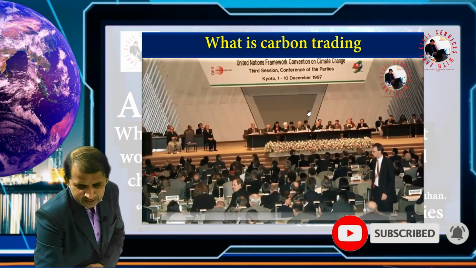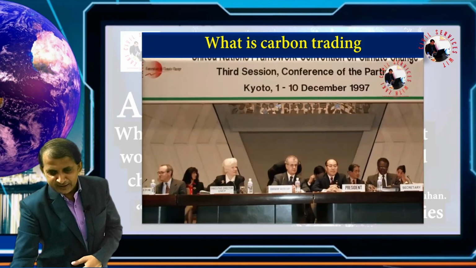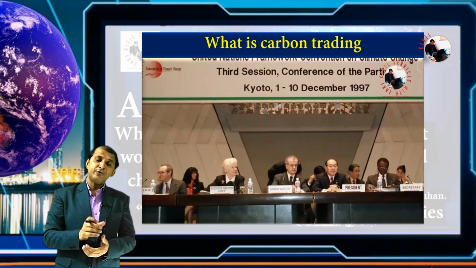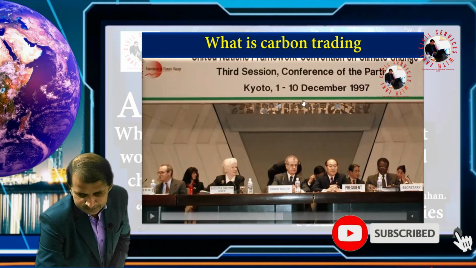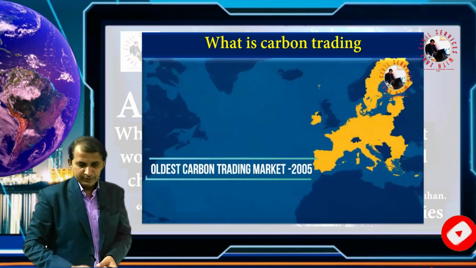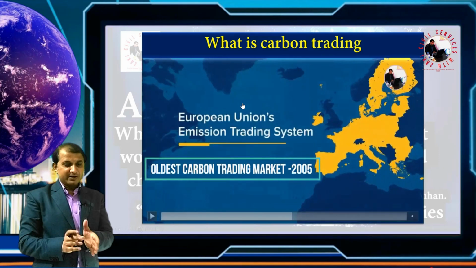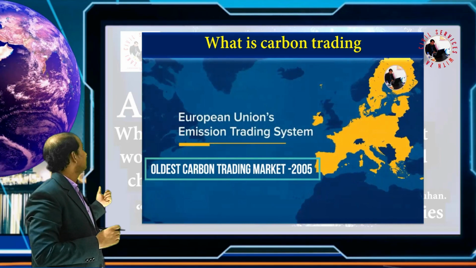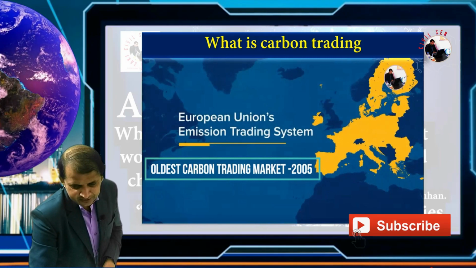It was adopted by the Kyoto Protocol in December 1997, from 1 to 10 December, and came into force in February 2005. The oldest carbon trading market was established in 2005 as the European Union Emission Trading System.